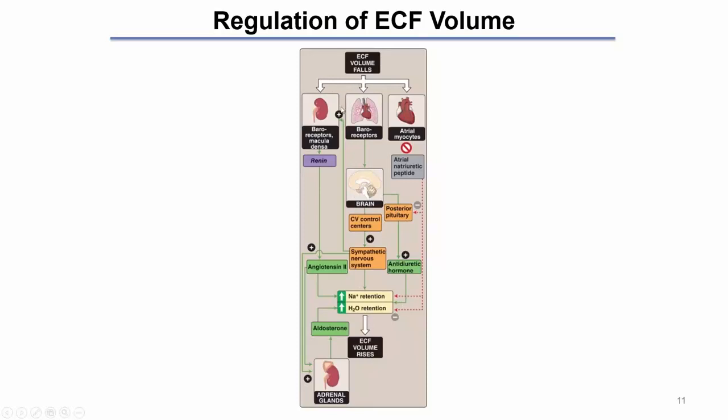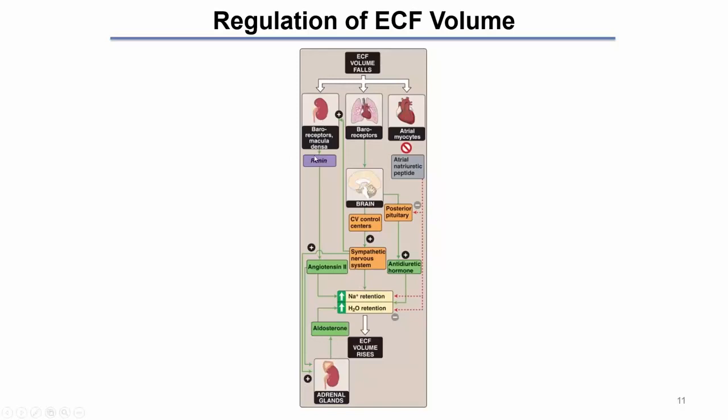That's great. But there are other pathways that also operate in terms of increasing ECF volume when ECF volume falls. And that will be the renin-angiotensin-aldosterone system. So please make sure that you revise through. We went through the RAS cascade, the renin-angiotensin-aldosterone cascade, in great detail in ANP2 when we did the chapter on the urinary system, so please make sure you revise that.